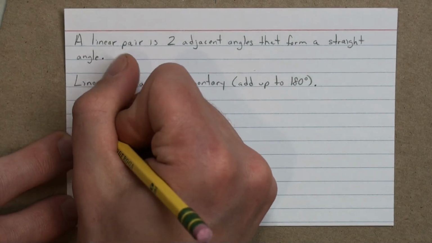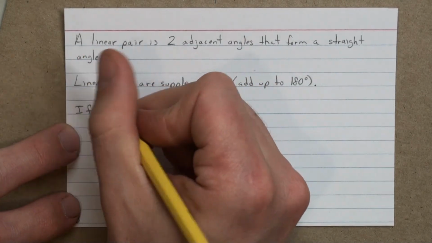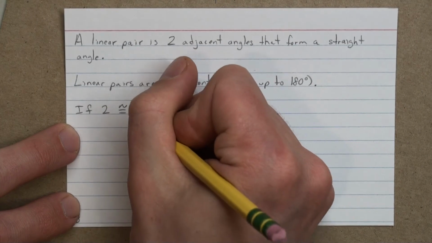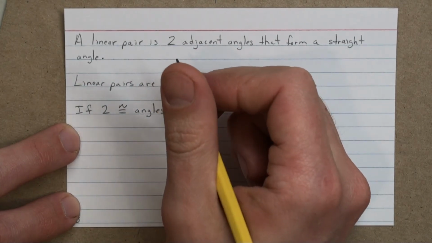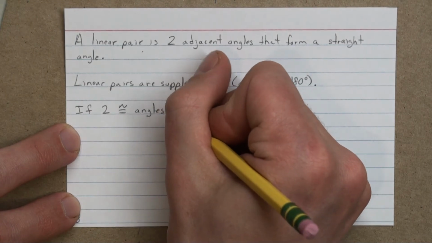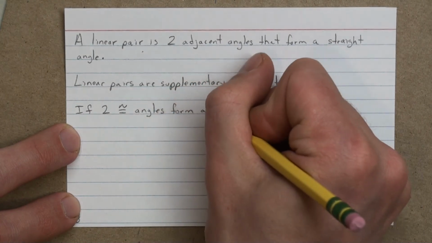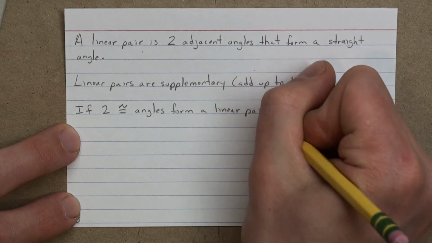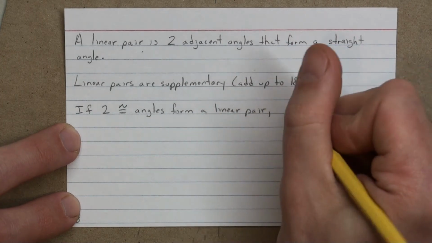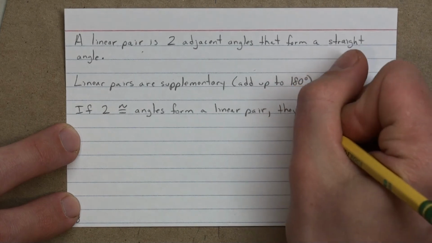And if two congruent angles form a linear pair, they are right angles.